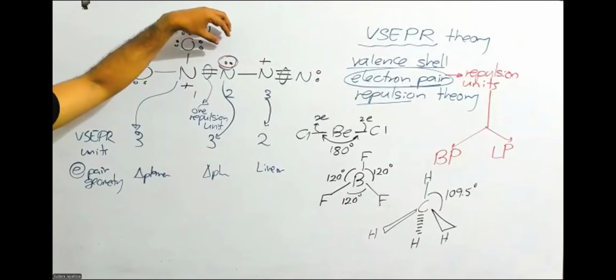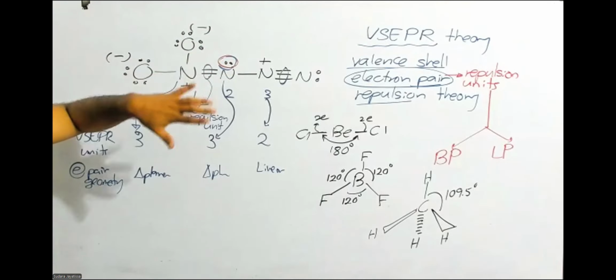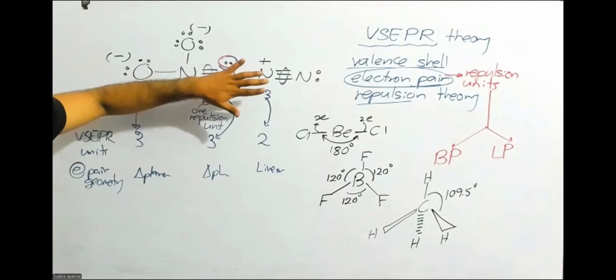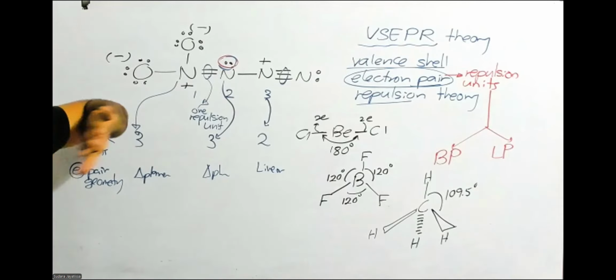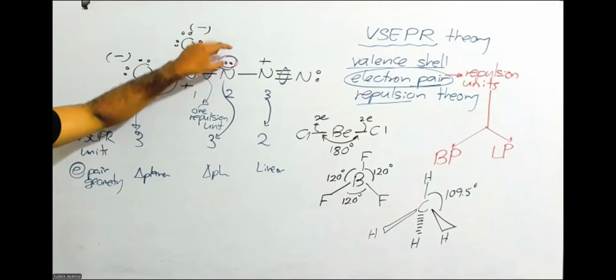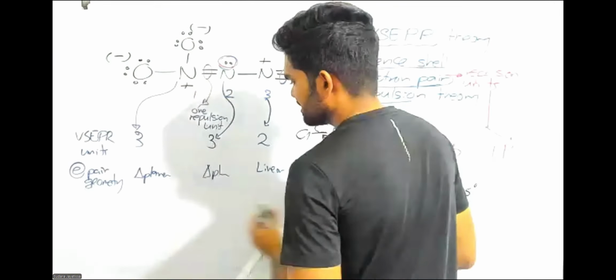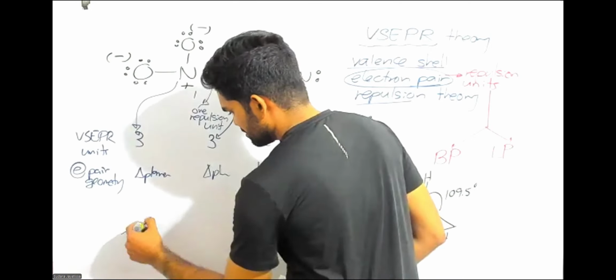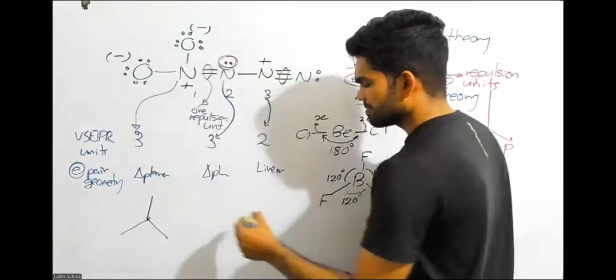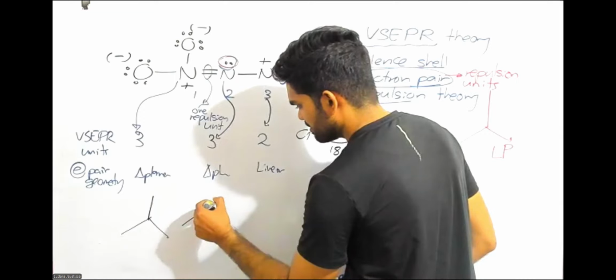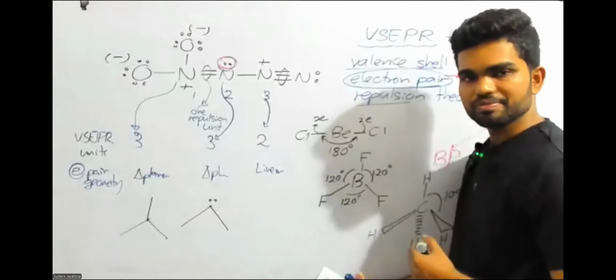So when you consider the bonds, or the positions of the nuclei, you will not see anything here. Now they both are trigonal planar, something like this. But here you have a pair of electrons on it.